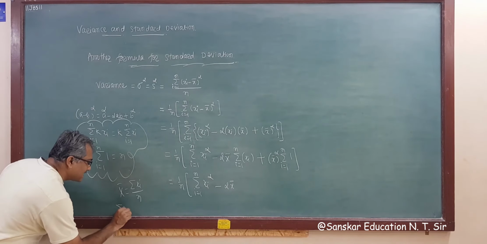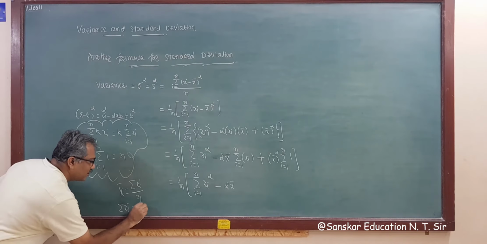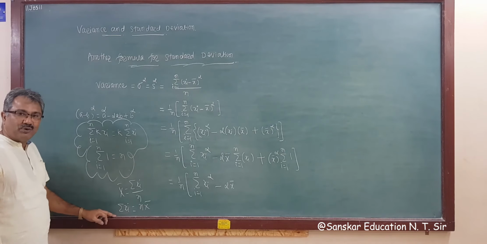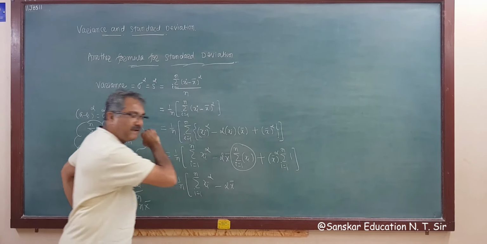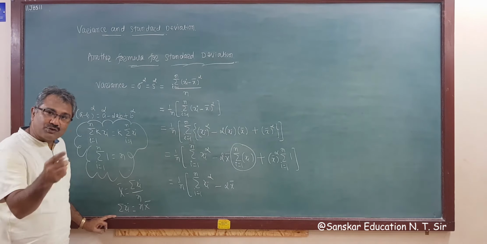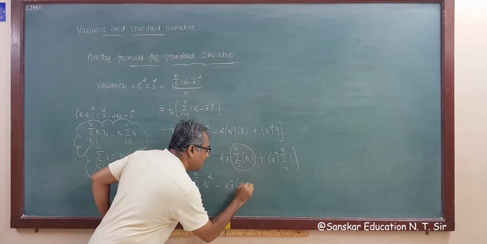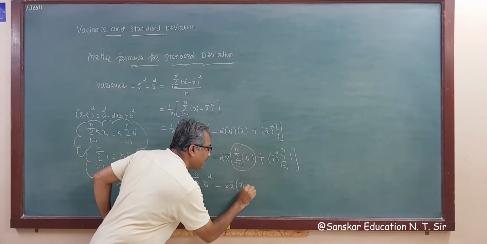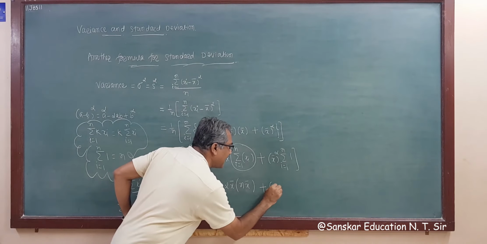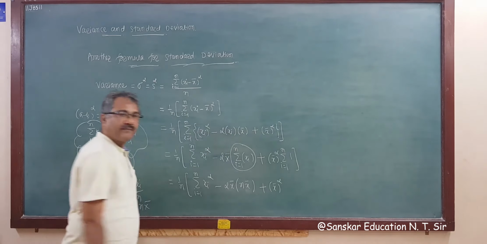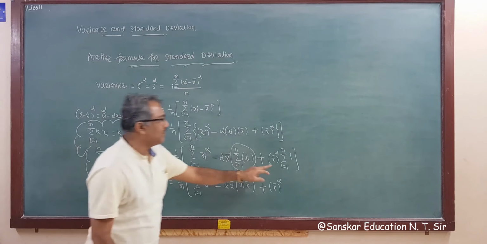So this is 2 x bar into n into x bar, plus x bar whole square, and sigma 1, i running from 1 to n, gives n.